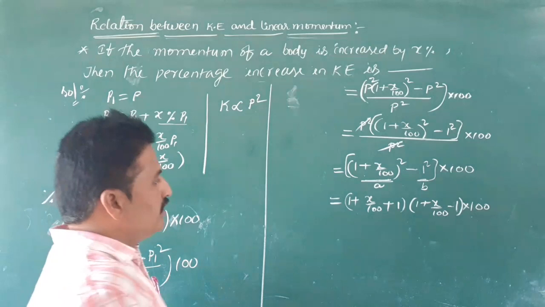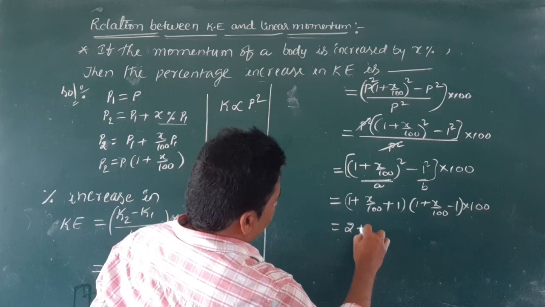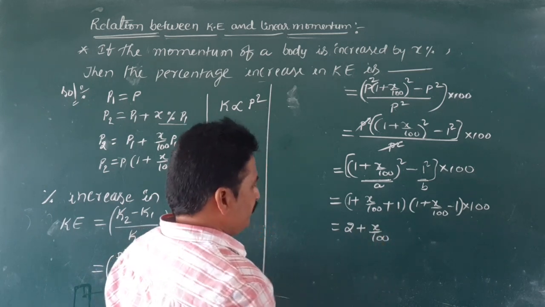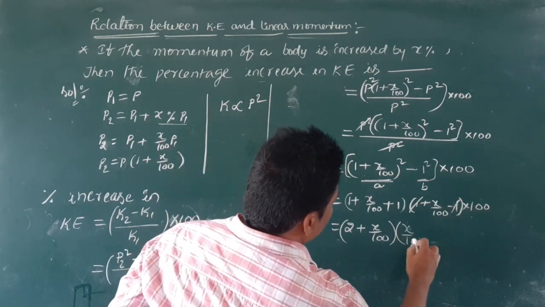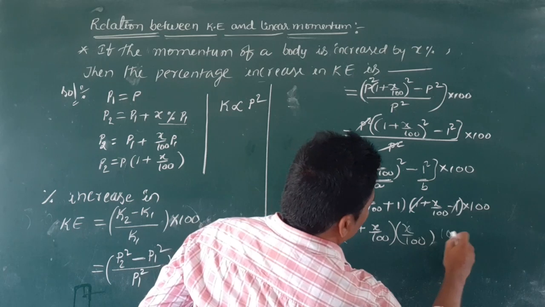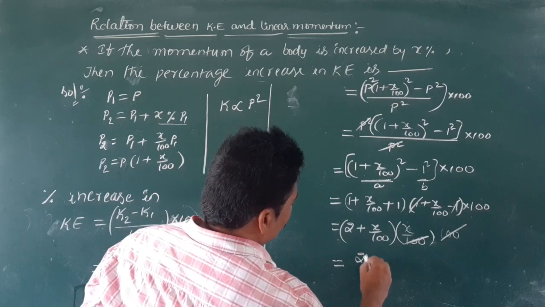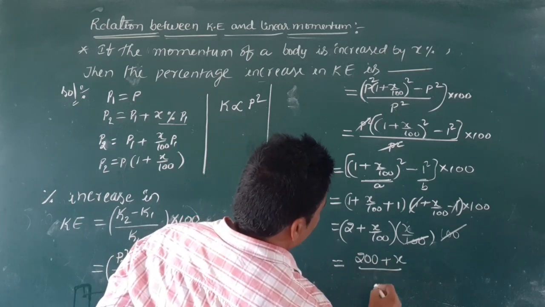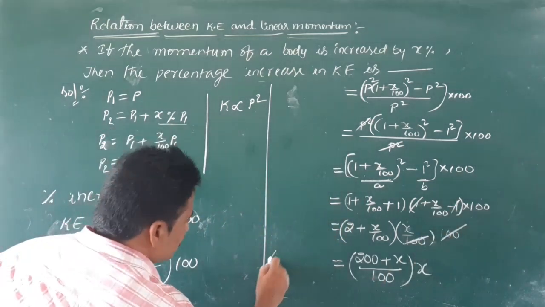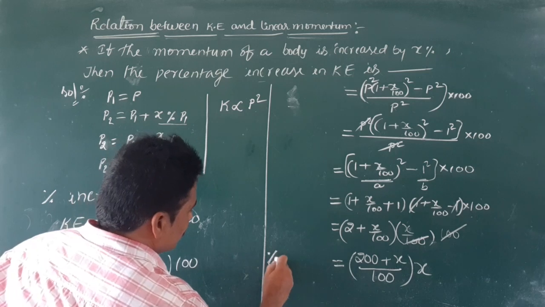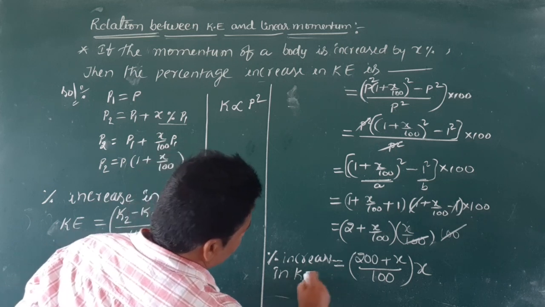See here, 1 plus 1 is 2, so 2 plus x by 100, and 1 minus 1 gets cancelled, leaving x by 100, into 100. This 100 gets cancelled. We can write the simplified form: (200 plus x) by 100 into x. This is the percentage increase in KE.